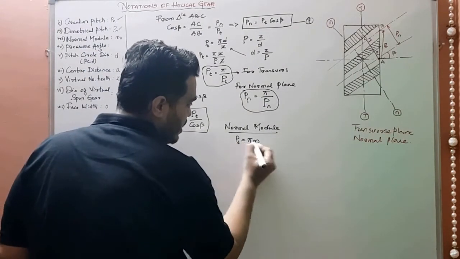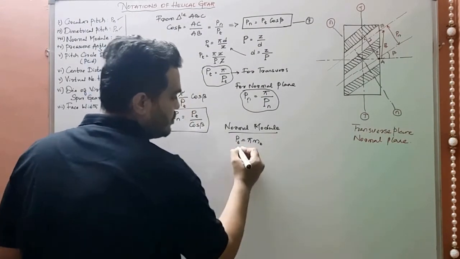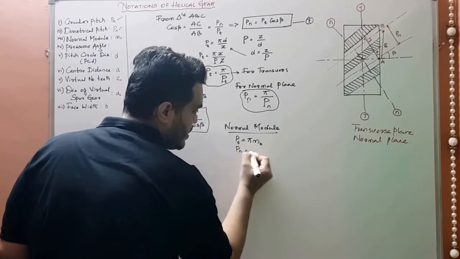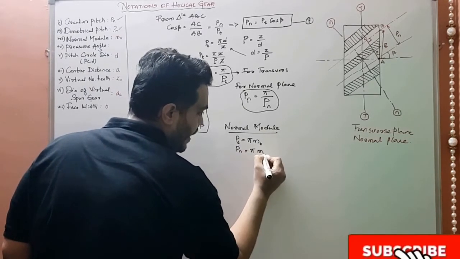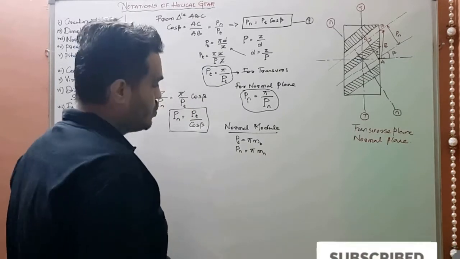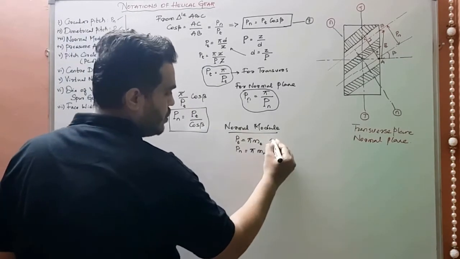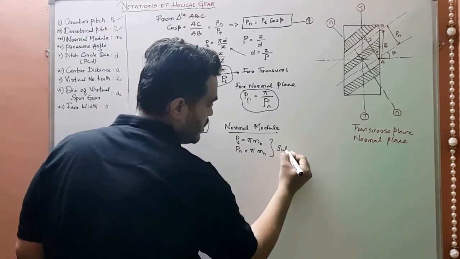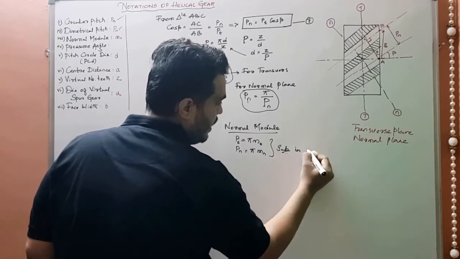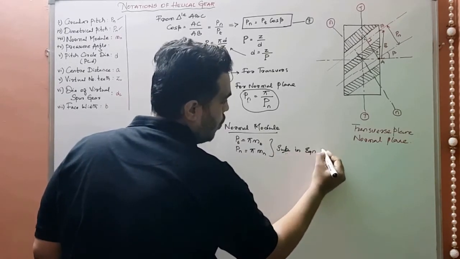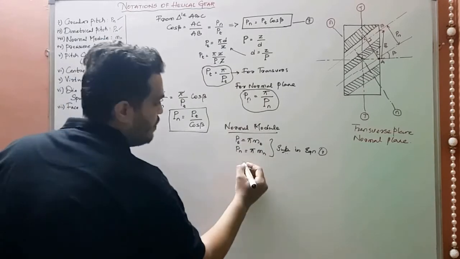This is nothing but Pt, okay? So next, for normal, you need to consider Pn equals pi Mn, right? What you have to do is substitute these two values in equation 1.